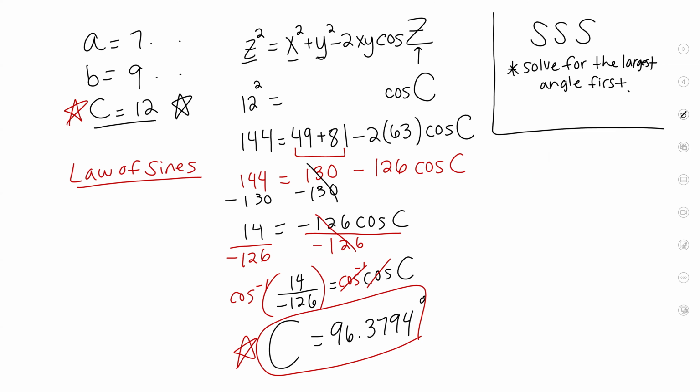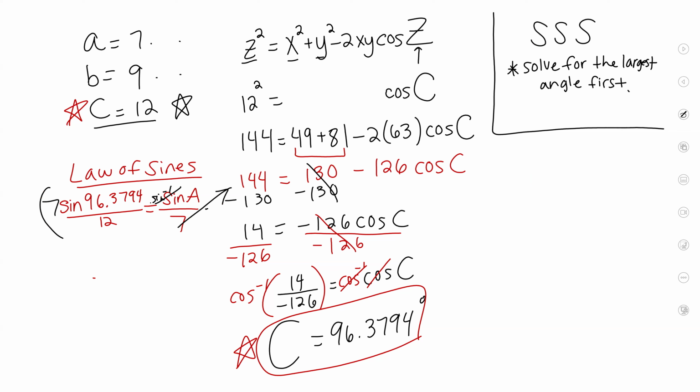And I know sine of 96.3794 over 12 equals, I'm going to solve for the smallest angle now. So that's going to be angle A. So I'm going to do sine of A because that goes with the smallest side, which is 7. Okay, so now I'm going to multiply both sides by 7 and then take the inverse.